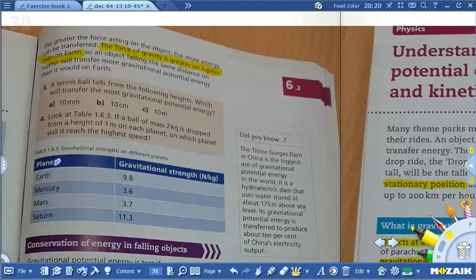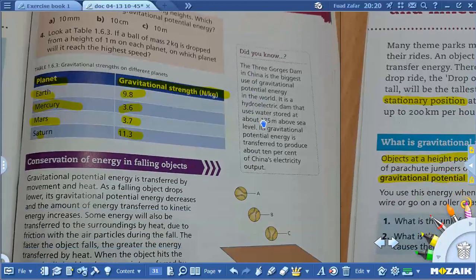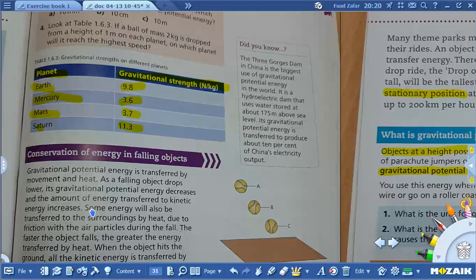That means when you throw something on Jupiter and something on Earth, the one on Jupiter will have more energy. Here is each planet's gravitational force: Earth is 9.8, Mercury 3.6, Mars 3.7, Saturn 11.3. So these are the gravitational forces on these four planets.